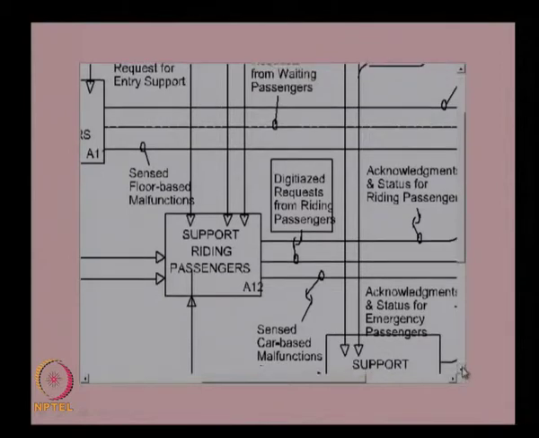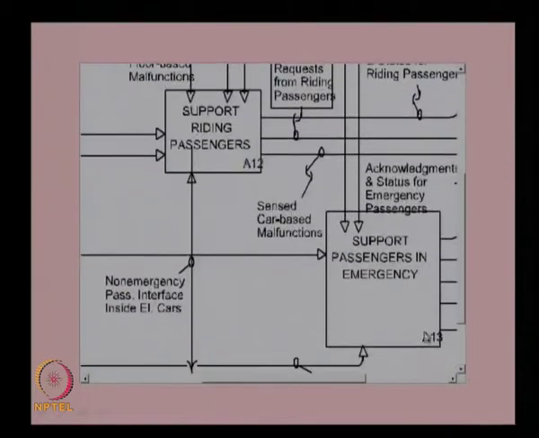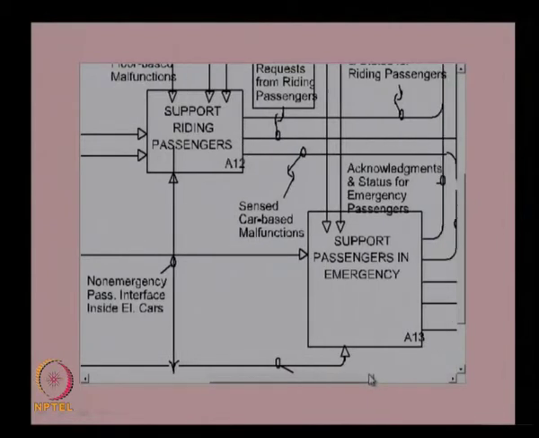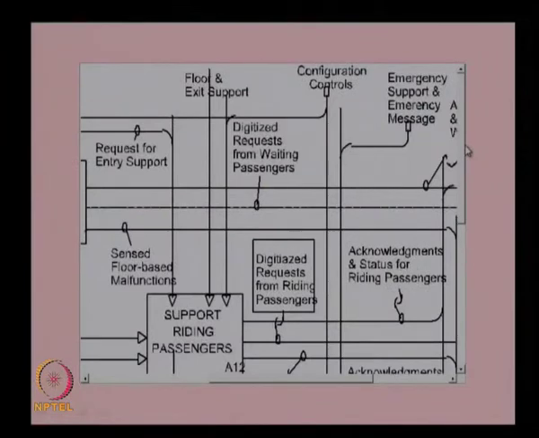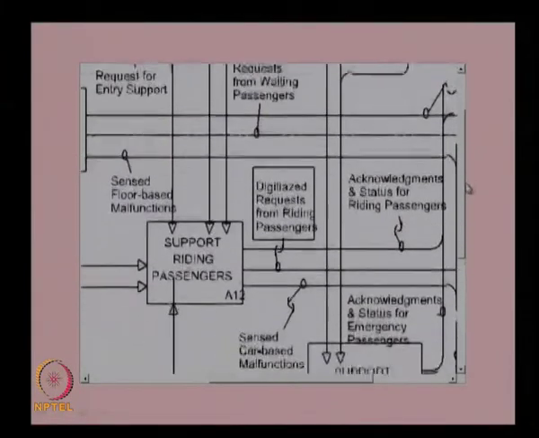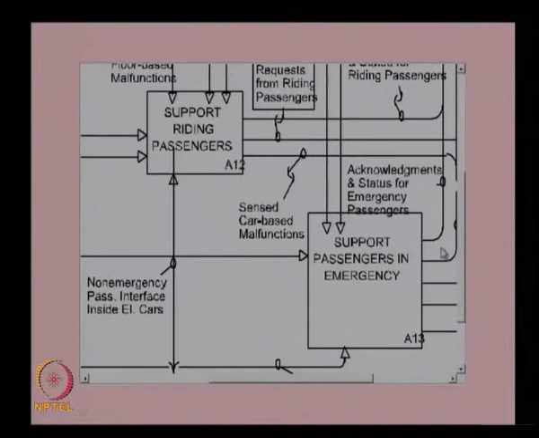And the third one is support passengers in emergency. So you can see, first was support waiting passengers, the next one is support riding passengers, and the third one is support passengers in emergency. Here the input will be from the passengers, riding or waiting, both will be giving input, and the emergency support and emergency message will be the input, including where to send the message, and of course malfunctioning messages also will be coming here.